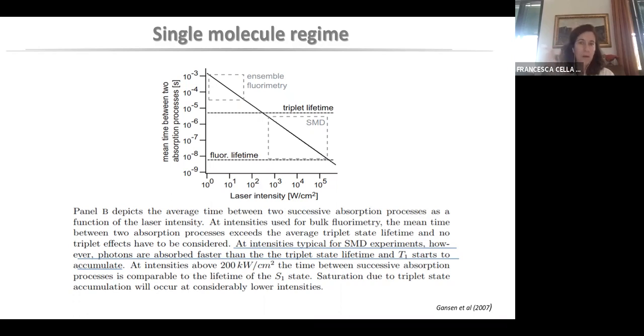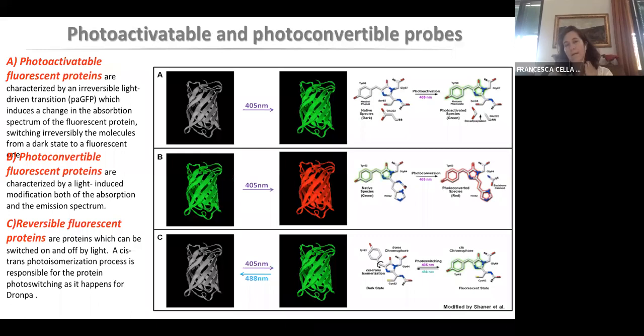For example, 1 kilowatt per centimeter square, usually. This is the range. So we can use this triplet state transition to make the molecules dark, because the triplet is a dark state. Or we can use other processes like photoactivation or photoconversion. Here there are examples of photoactivatable fluorescent proteins that can be used.